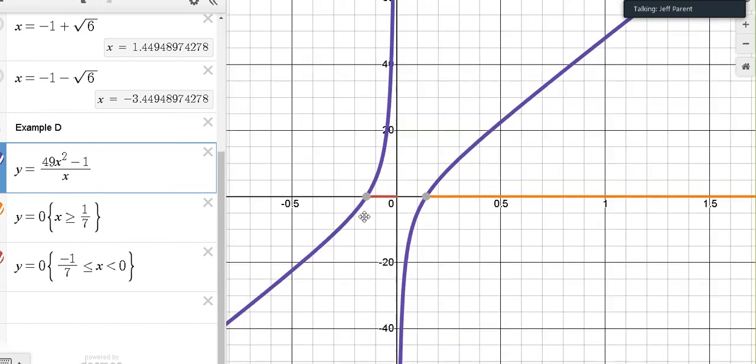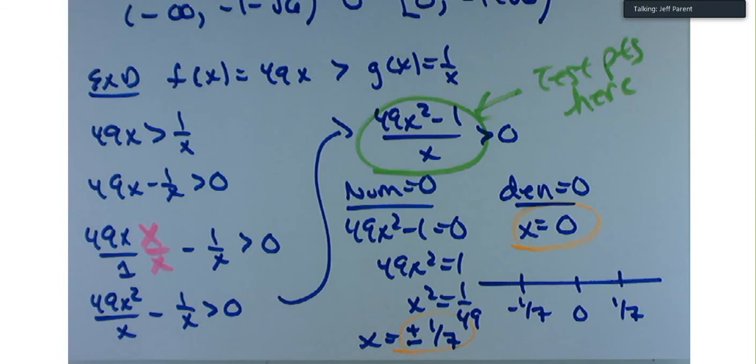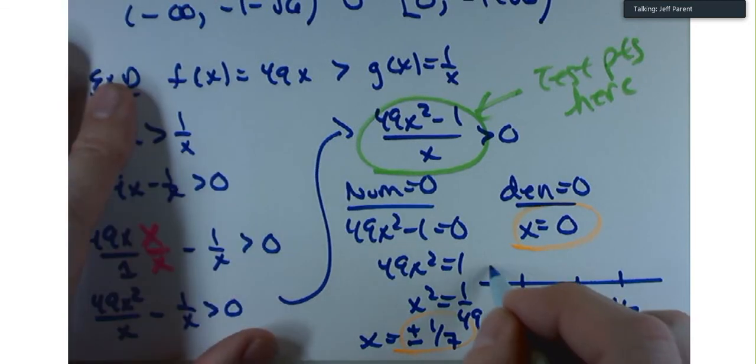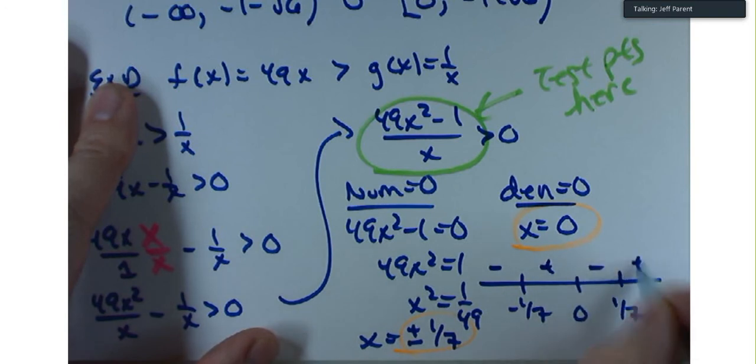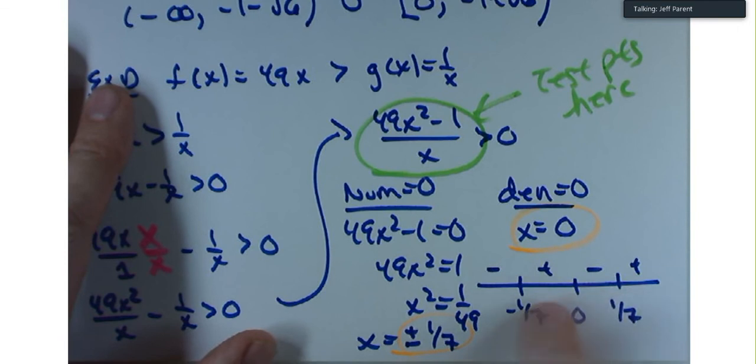That little portion right here. So if you're testing out points, it goes negative, positive, negative, positive. There's a way to test out. And I apologize for not taking time here, but I want to get you busy on your homework. Negative, positive, negative, positive. If you're looking for the positive intervals, it's these two right here.